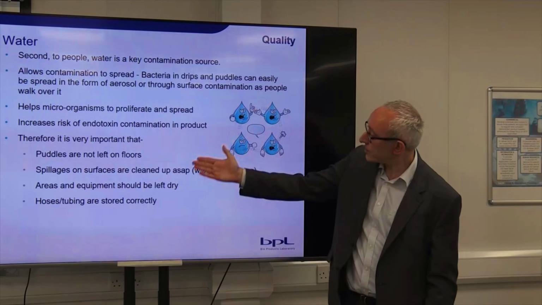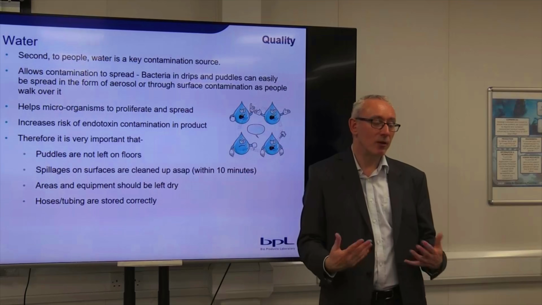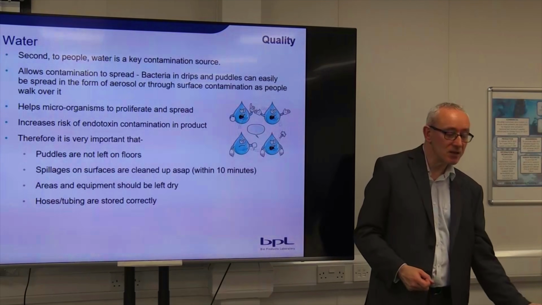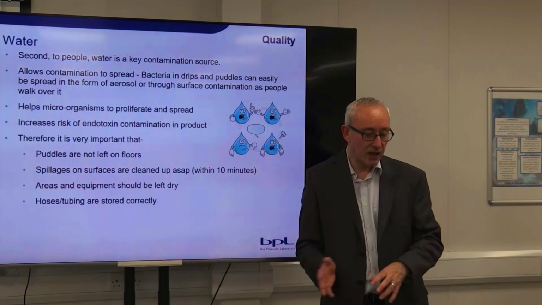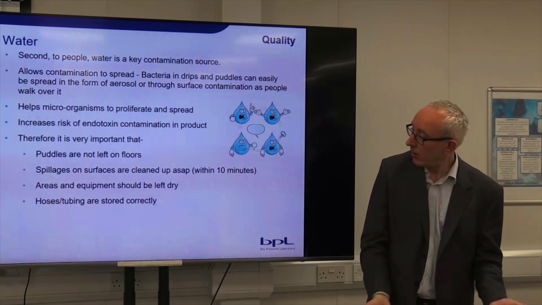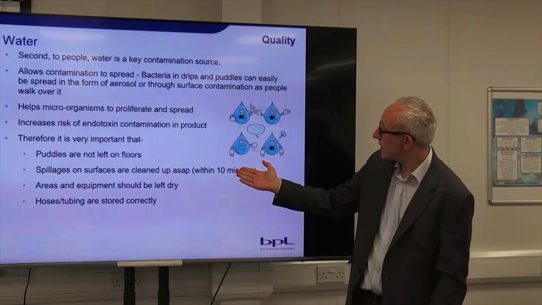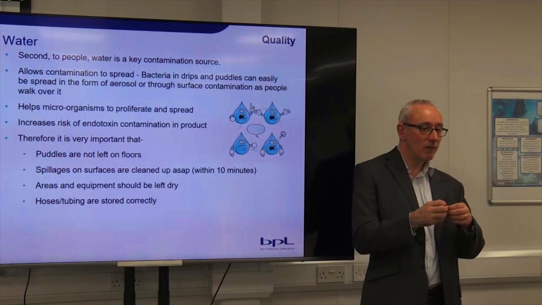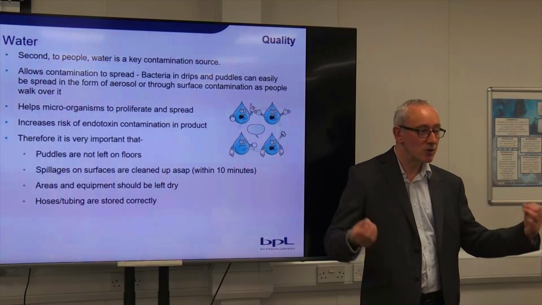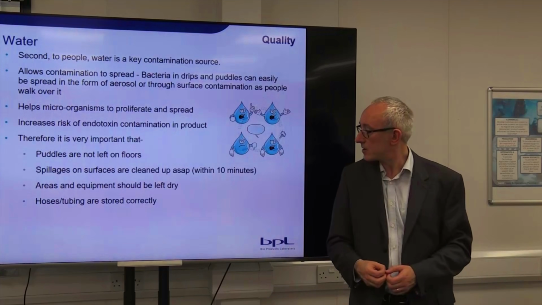So it's important that we don't leave puddles on the floor. If a piece of equipment does leak or we spill water, then we move in fairly quickly, drying that up and then applying a disinfectant. We really want to target less than 10 minutes, because the fastest growing organisms will start growing very quickly, within 20 minutes.